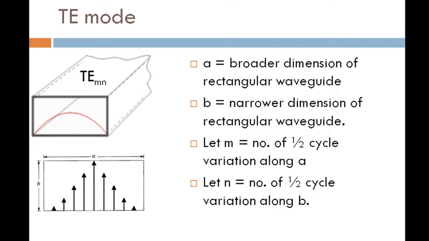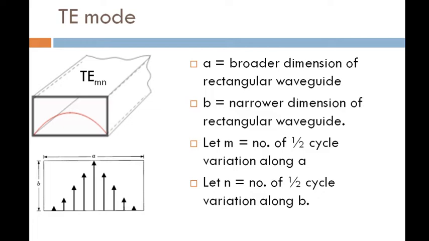Now let me take one example, towards the broader dimension and towards the narrower dimension. Let me take that my signal passing inside a rectangular waveguide is in a half wave cycle variation. Now what is this half wave cycle?